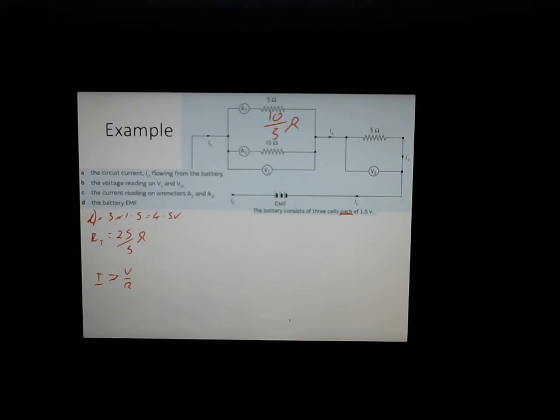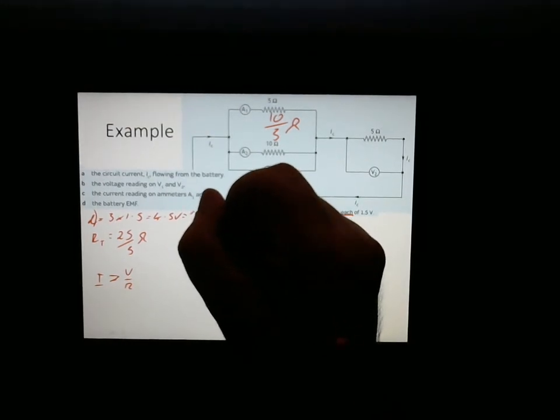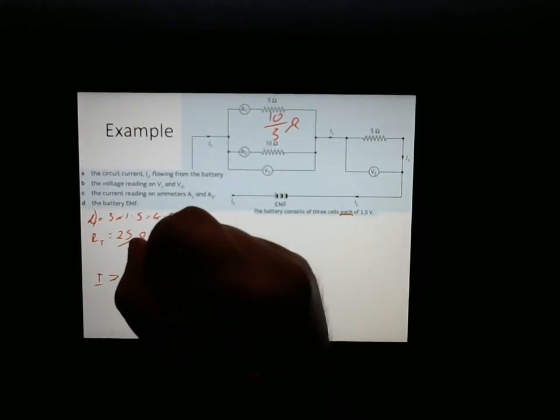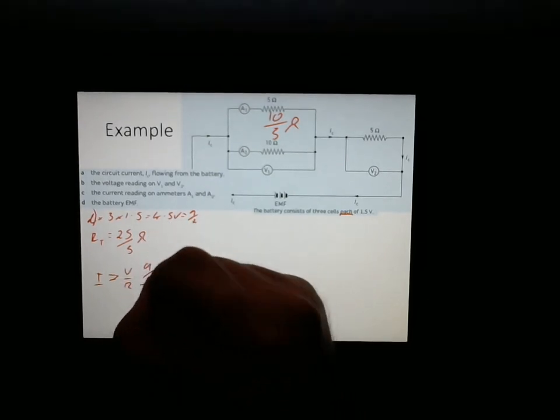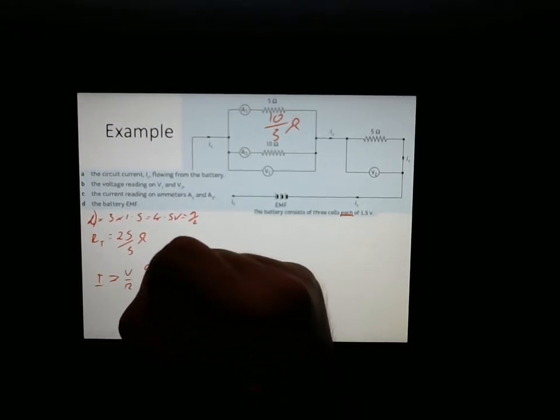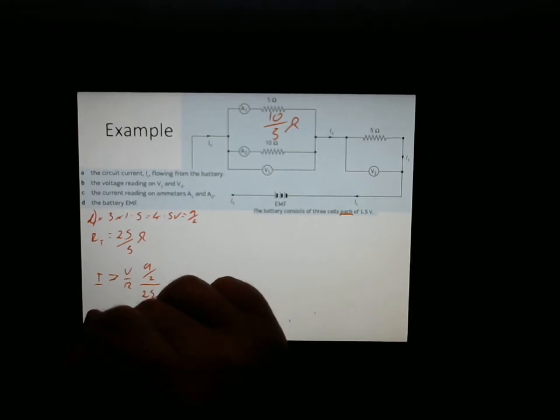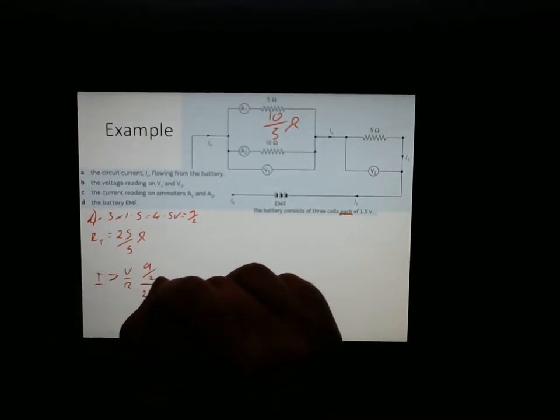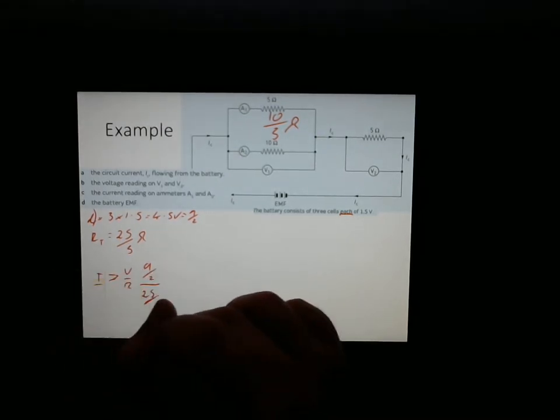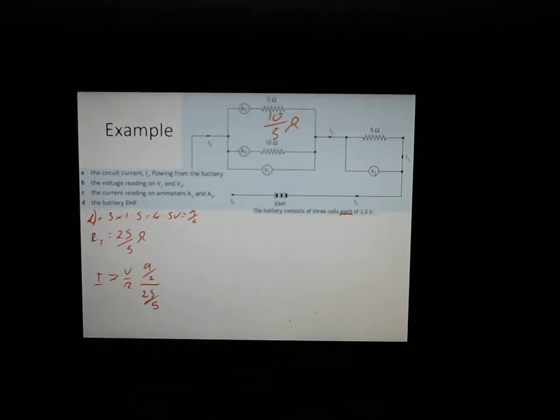So current equals voltage over resistance. Voltage is in this case 4.5, which should be the same as, let's convert it to decimal, 9 over 2. And this is why I like 9 over 2 divided by 25 over 5.